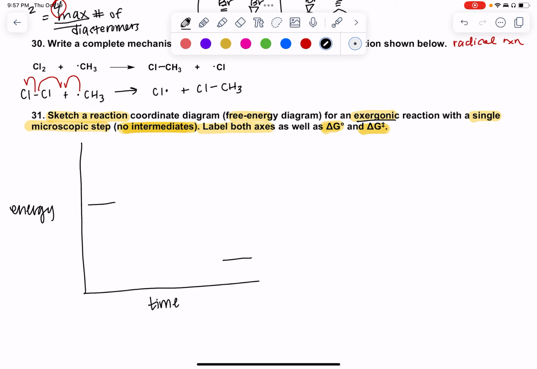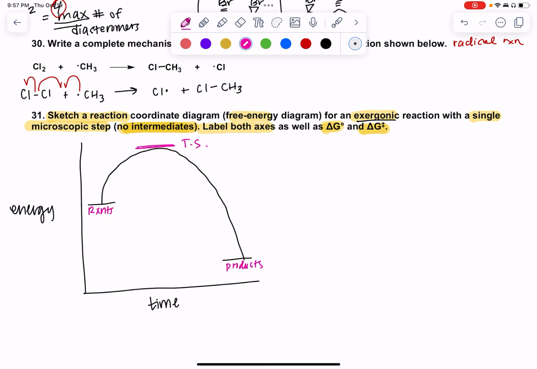That means they've lost heat. They've gone down in energy. We have no intermediates, so this is one transition state. Our transition is right here. And so it's our transition state. He didn't ask us to label that, but I'm going to just label it anyway. These are our products. And these are our reactants.